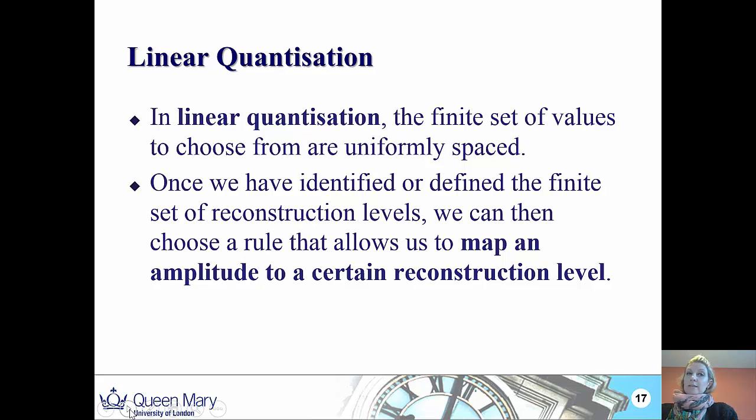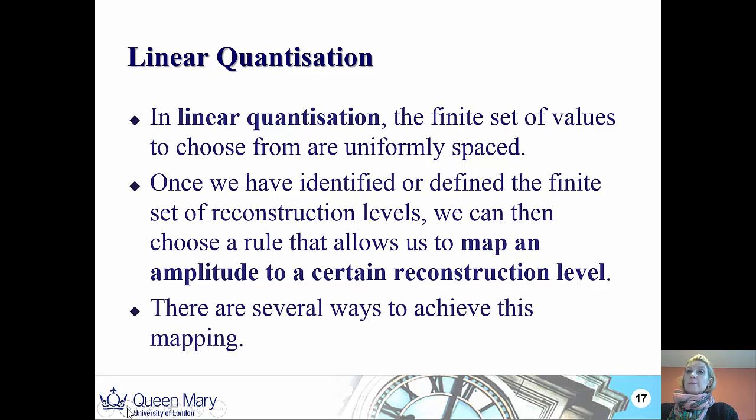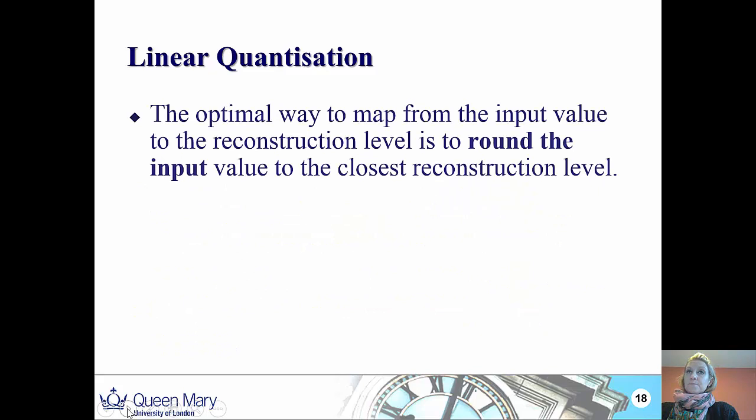As we discussed previously, that will result in some degree of approximation and some introduction of error as well in certain circumstances. There are several ways in which this mapping can be achieved. The optimal way to map from the input value to the reconstruction level is to round the input value to the closest reconstruction level.